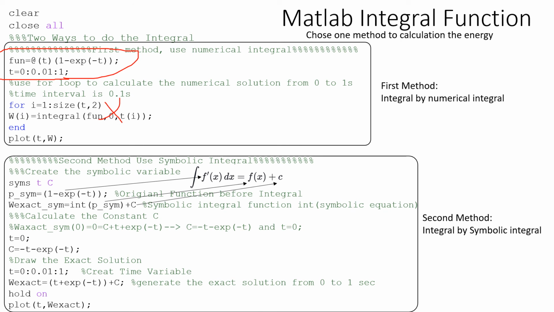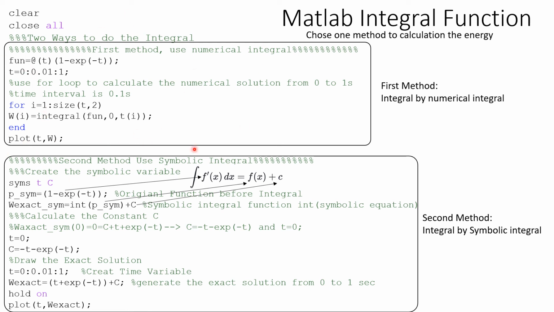But it will not be just this one function, because remember we have part 1 and part 2, so you need to write this function twice, with the time from 0 to tc and from tc to ts. So you will have two parts, not just this part.